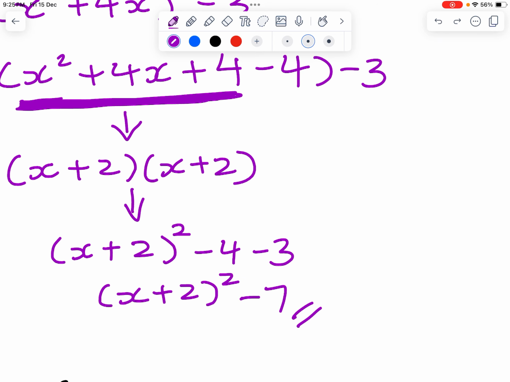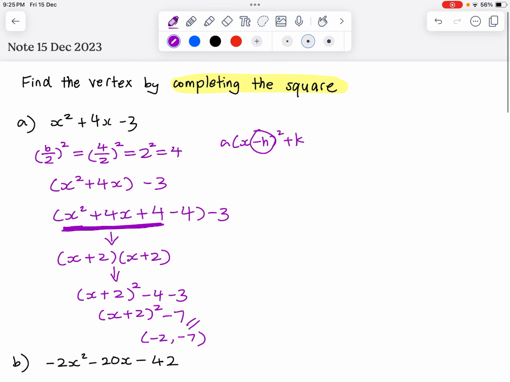Now we find the vertex, which is negative 2 comma negative 7. Remember, we have negative h in the form, so since the number inside the brackets is positive, h must be negative, so it's negative 2.